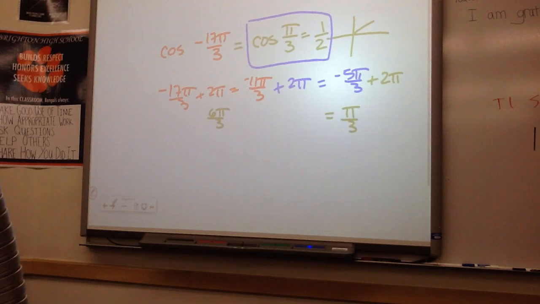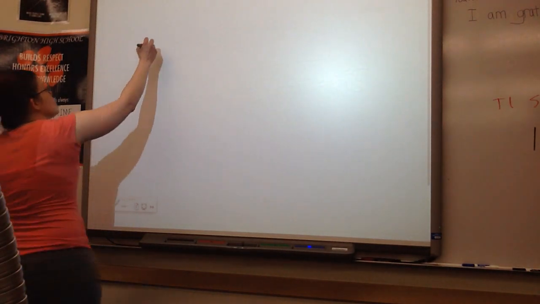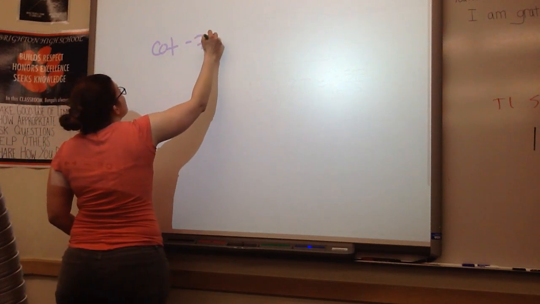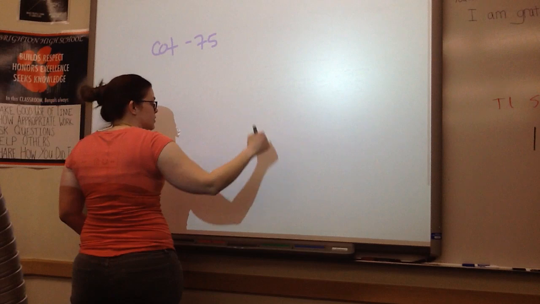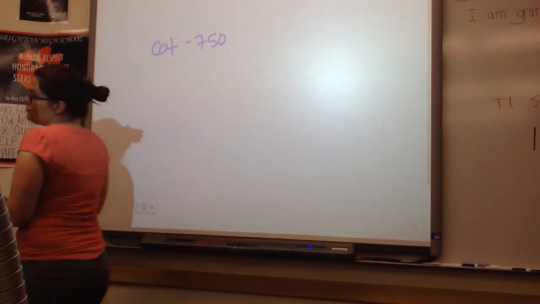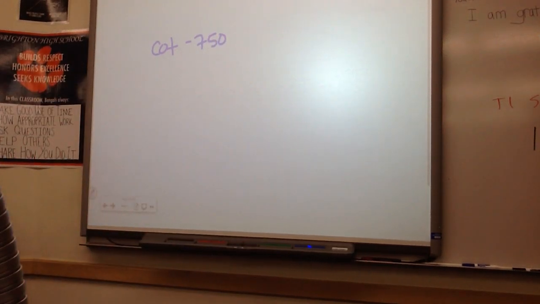So the cotangent of negative 750. We know that negative 750 is past negative 360, so we're going to take negative 750 and add 360, which gives us negative 390.